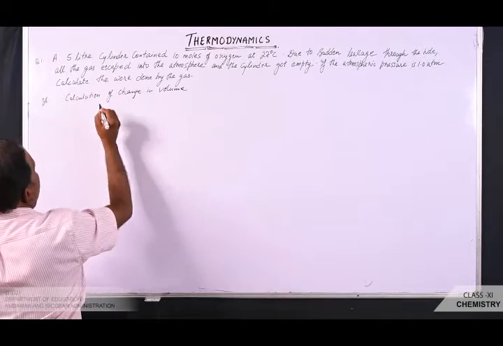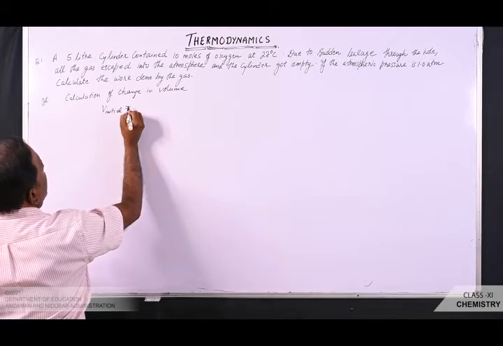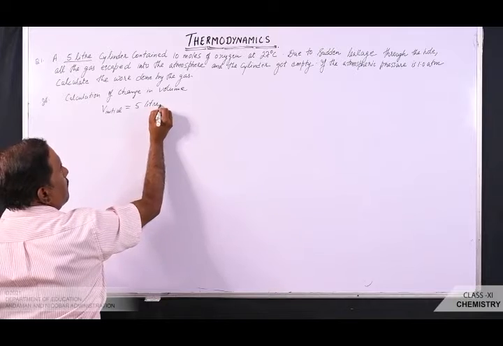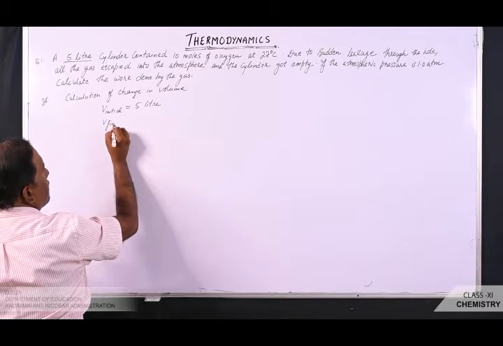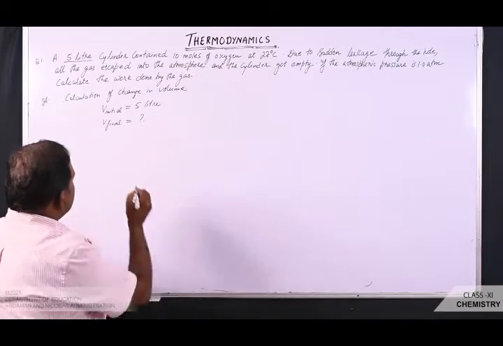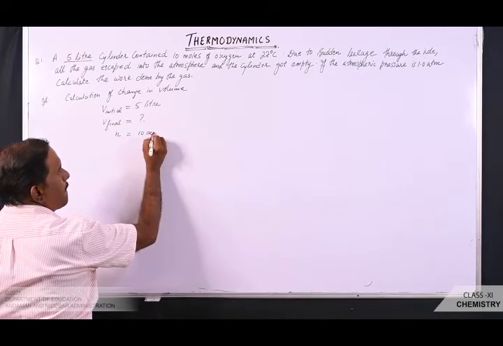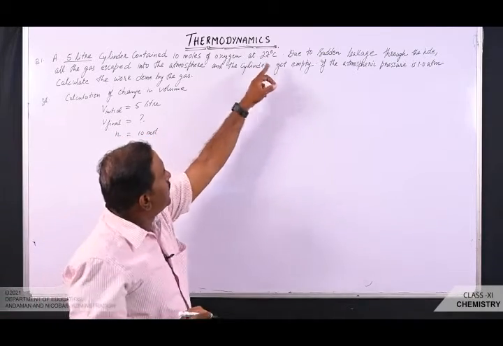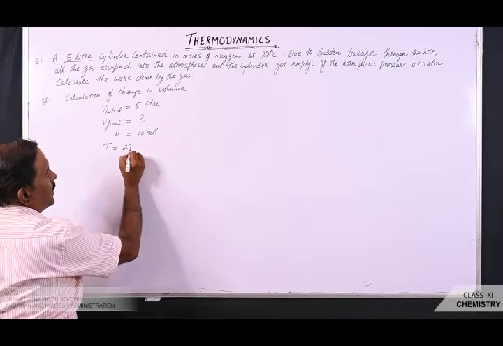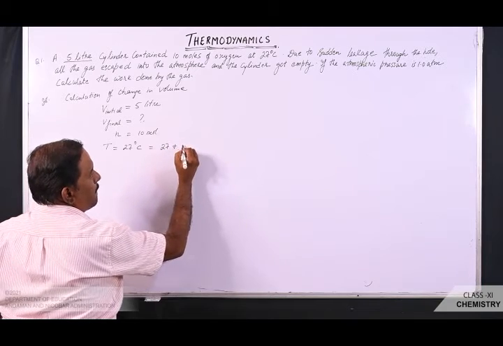Okay. So, V initial is 5 liter, given. V final we have to find. Now, 10 moles of oxygen, so number of moles is 10 moles, and the temperature is given as 27 degree centigrade. So, I will convert it into Kelvin.